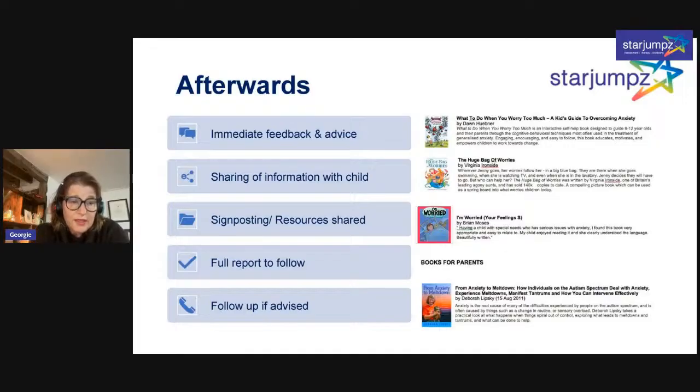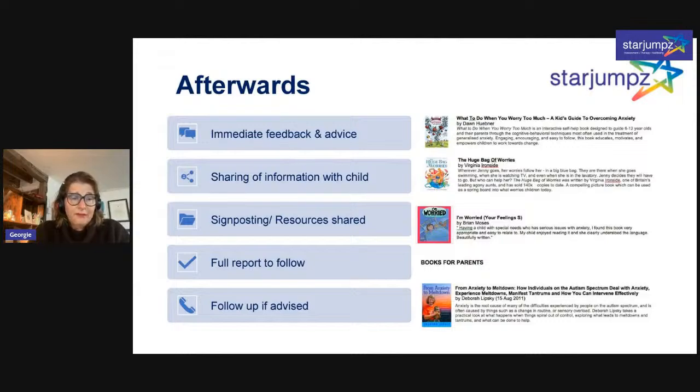We do try to give as much of that feedback on the day as possible, and then share the information with the child in a way that is either coded or open, whatever's going to be comfortable.